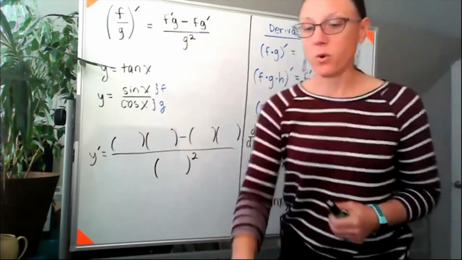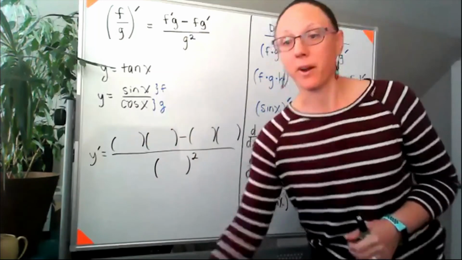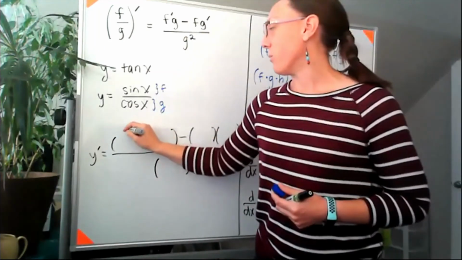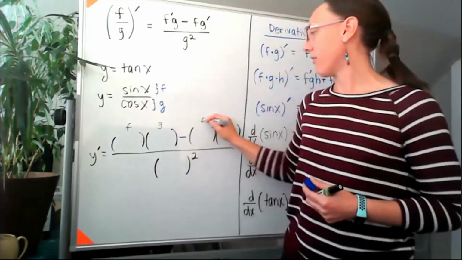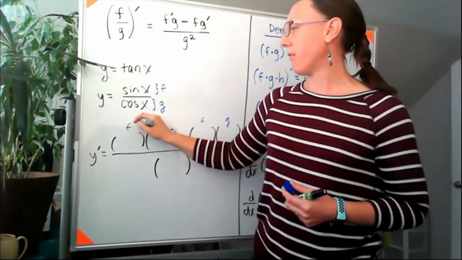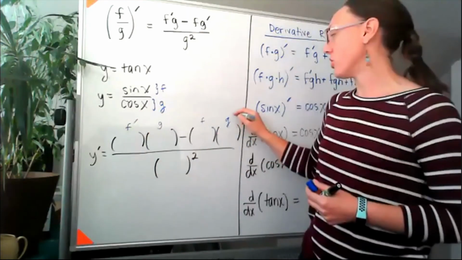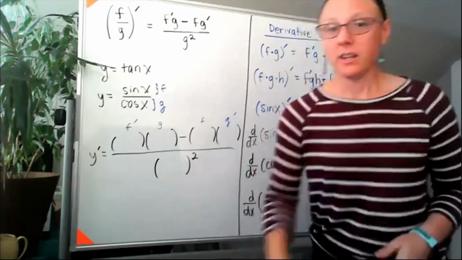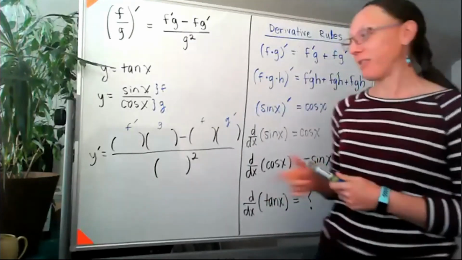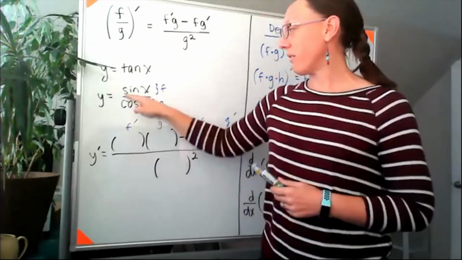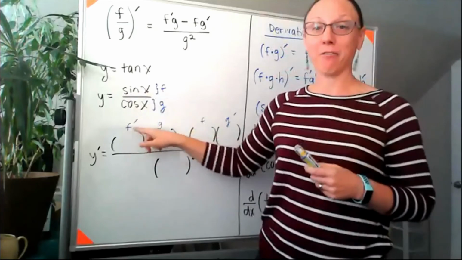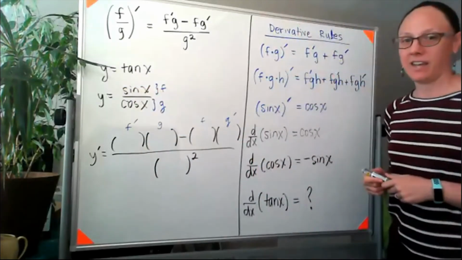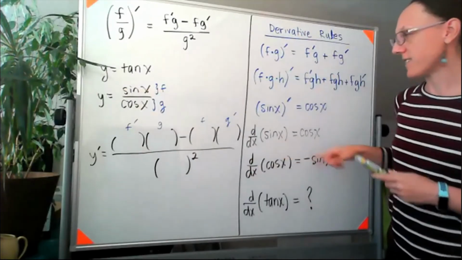And in terms of this formula, and you really do need to get it memorized, we'll have f g, f g, but the f will be primed in the first piece and the g will be primed in the second piece. Now, when I go to take the derivative, f prime is me taking the derivative of sine of x. And our derivative of sine of x is cosine of x.